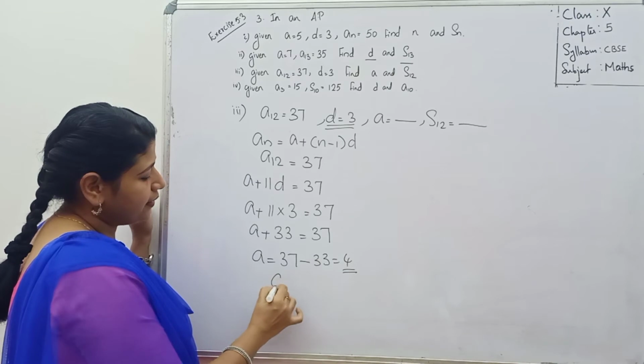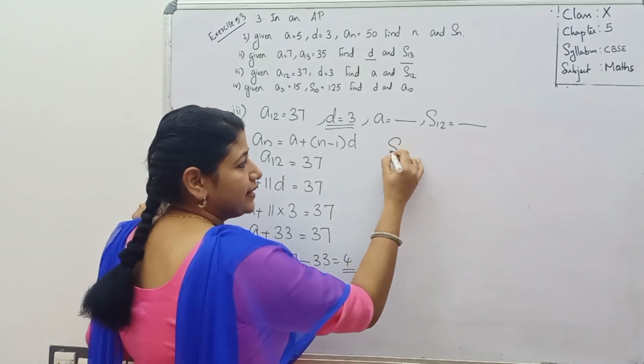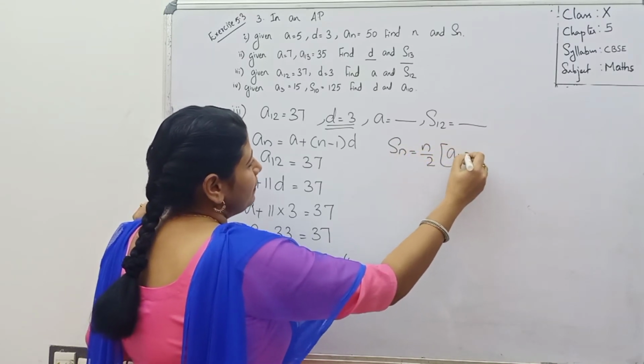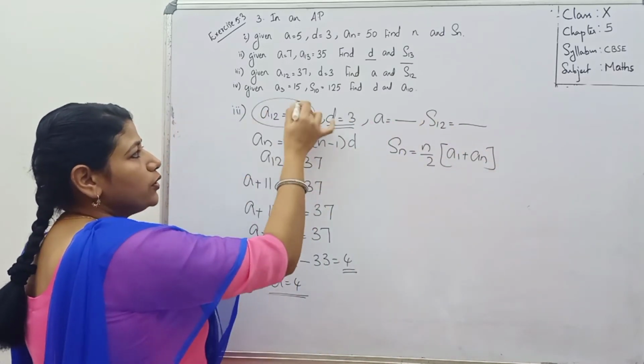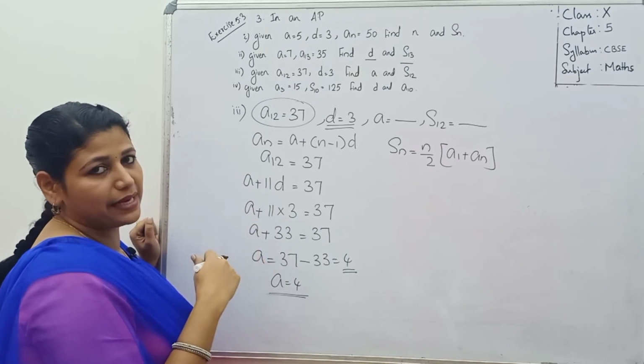So A is 4. Now we can find out Sn. Sn equal to n by 2 into A1 plus An. Okay. Since here A12 equal to 37 is given, we can use this. Otherwise, you can also use n by 2 into 2a plus n minus 1 into d.